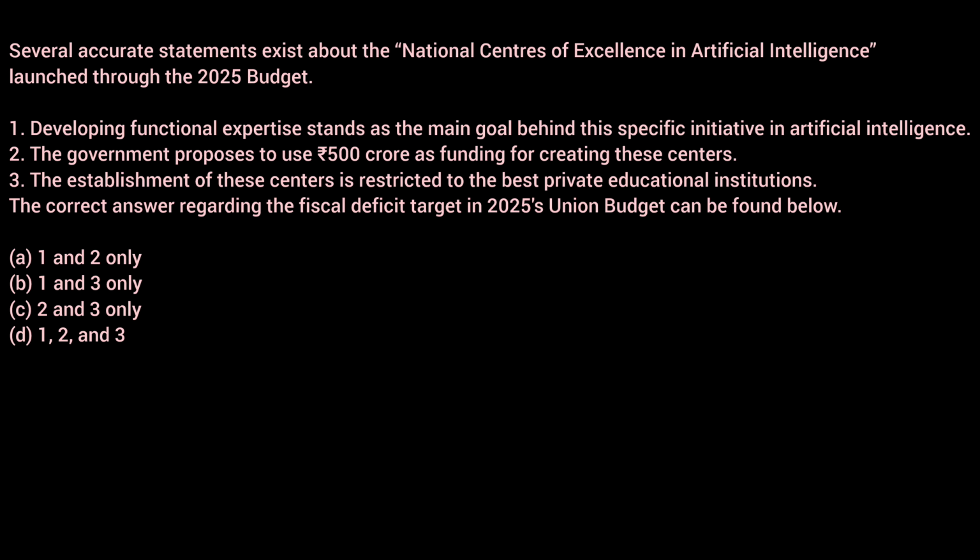The establishment of these centers is restricted to the best private educational institutions. Choose the correct answer from below. A, 1 and 2 only. B, 1 and 3 only. C, 2 and 3 only. D, 1, 2 and 3. Here the correct answer is option A, that is 1 and 2 only.